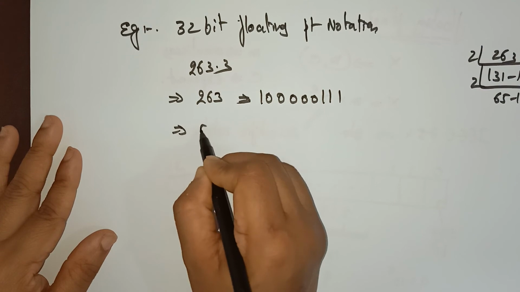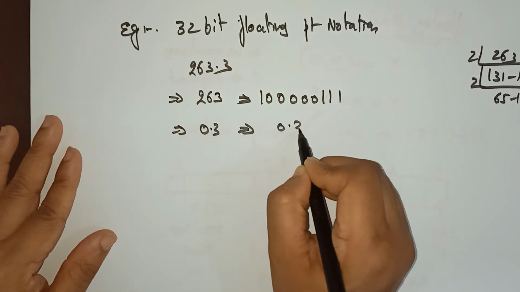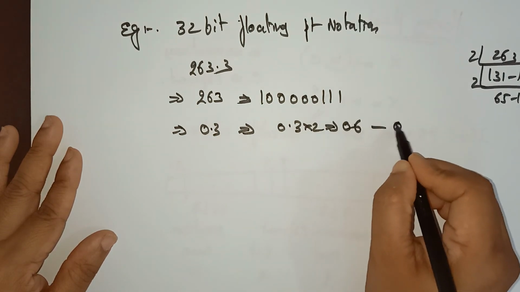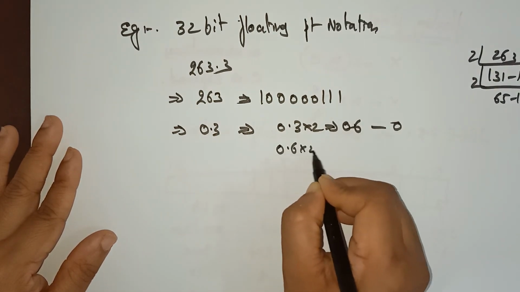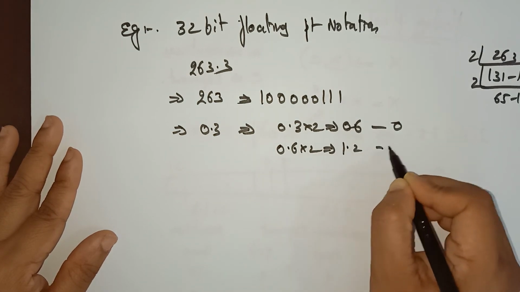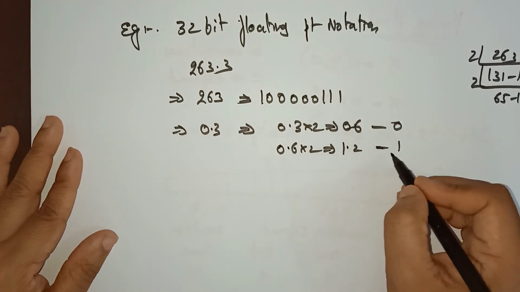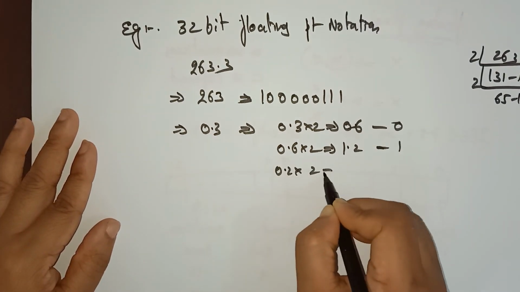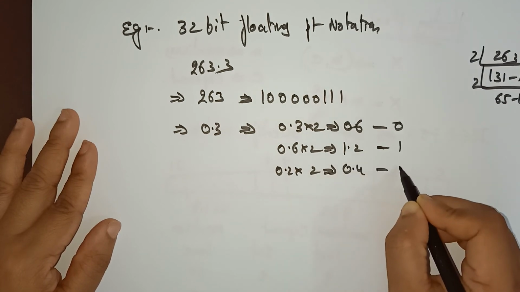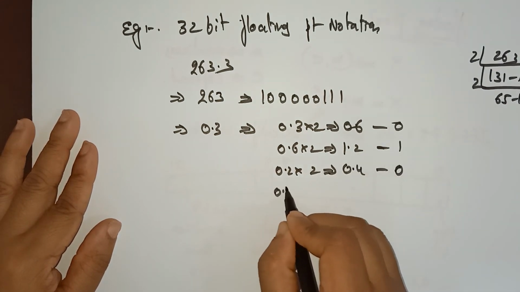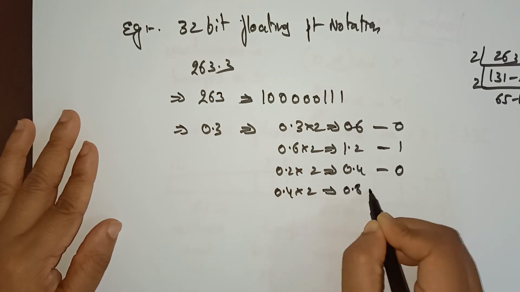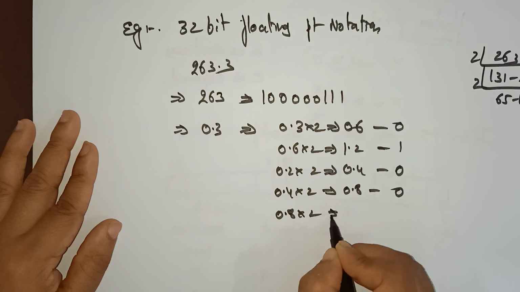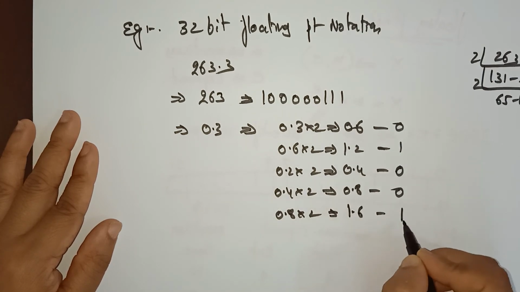Now let's take 0.3. So 0.3 into 2, you will get 0.6, so take the 0 here. Next, 0.6 into 2 is 1.2, and you have to take only the integer part, 1. Then 0.2 into 2 gives 0.4, integer part 0. 0.4 into 2 gives 0.8, that is 0, and 0.8 into 2 gives 1.6, so take 1.